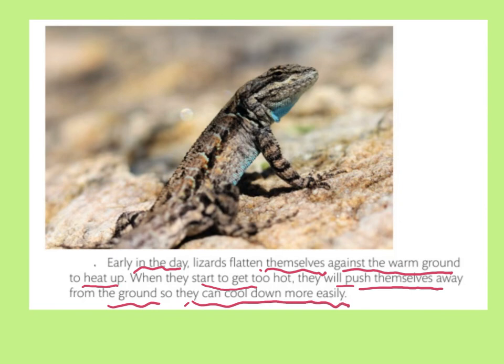It means they reduce their surface area to volume ratio in order to not expose their body to too much heat. Remember that lizards are ectothermic animals. The body temperature depends on the external temperature. So they need to keep the fluctuation of body temperature within a minimum range by behaving that way.